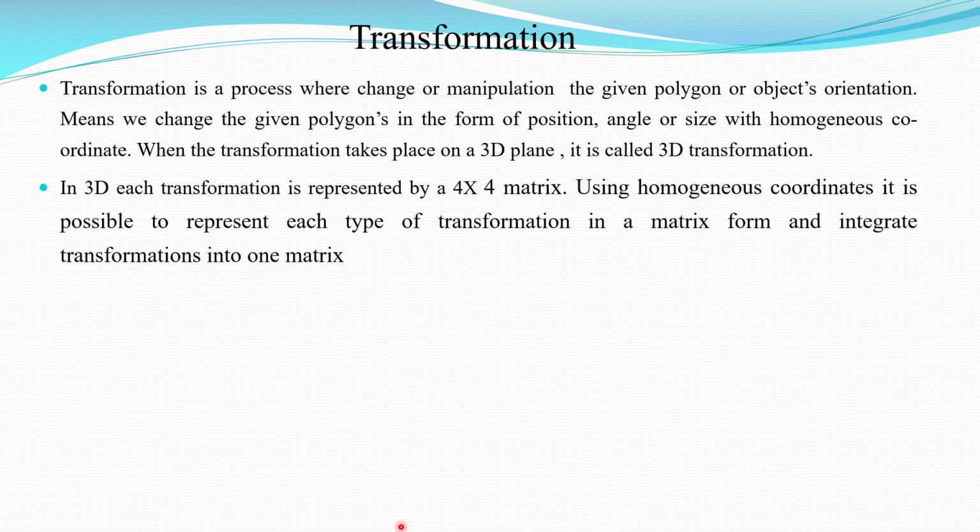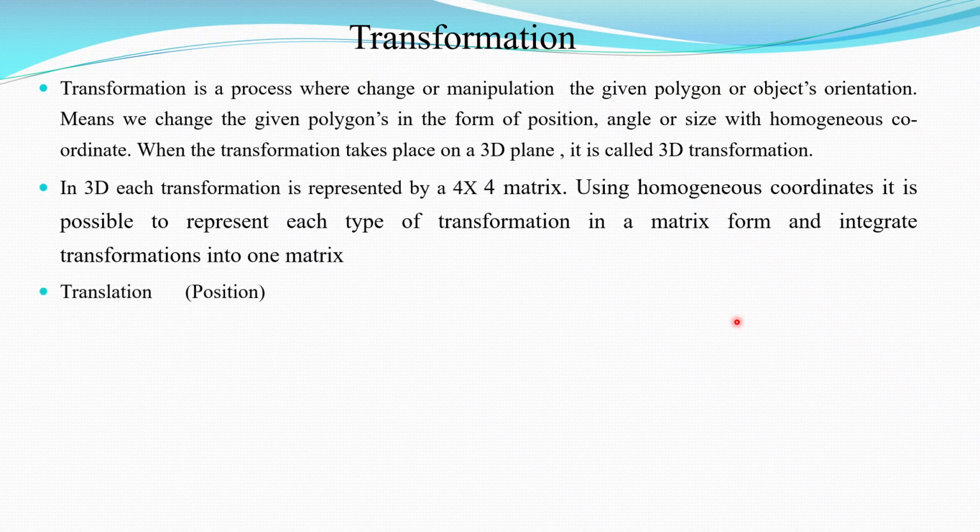What is integrated? You can say integrated or composite transformation. Composite means combining one or more transformation processes in a single matrix. That is called a composite or integrated transformation. Okay, I hope this is clear.